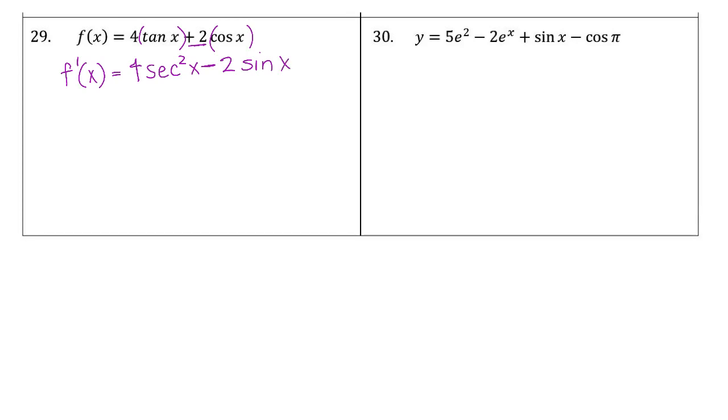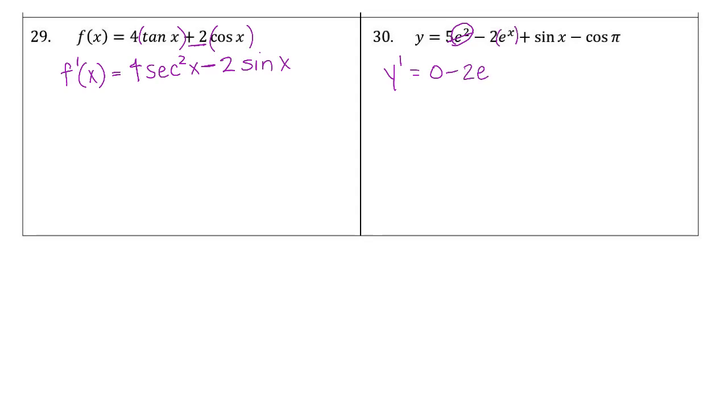And then over here with number 30, again, everything looks like it's okay, so we can go ahead and just write out our derivative. So we have y prime equals, now notice this is not e to the x, that's e squared. So that's just a number there, so that whole term is going to go to 0 minus 2 times e to the x.